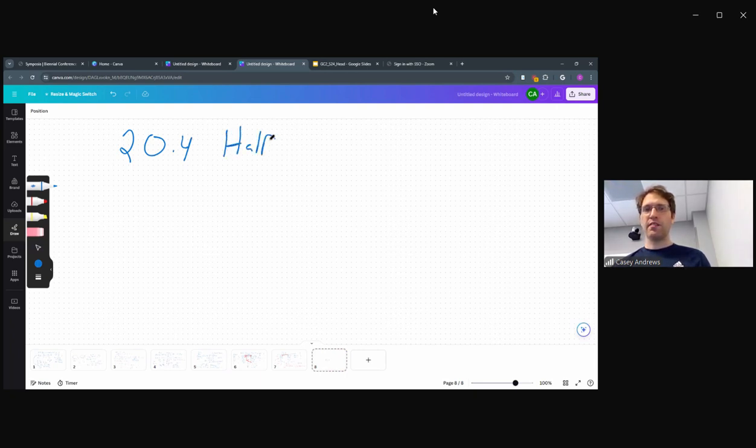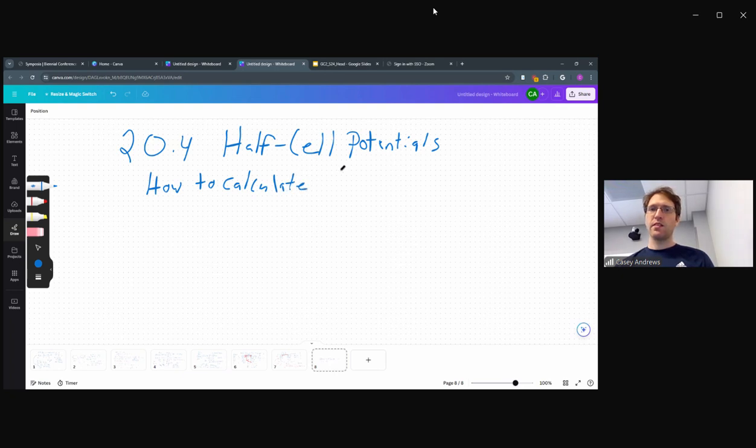Half cell potentials. Or basically, how to calculate the energy of a galvanic cell, of a battery.